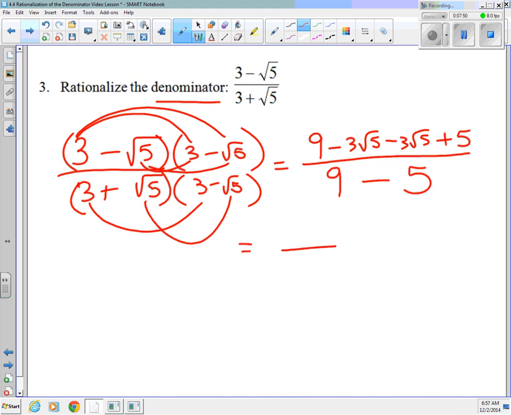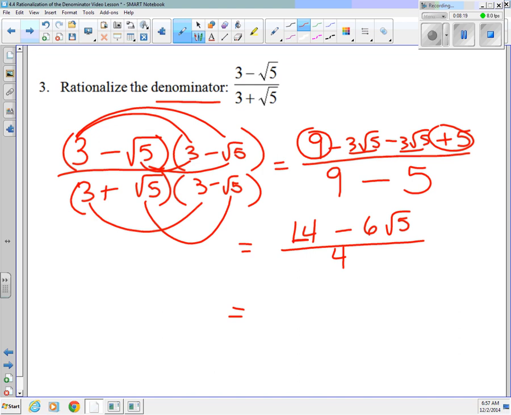Now in the numerator we get, let's see, 9 plus 5 is 14. So I get a 14 down there. And I get negative 3 radical 5 minus 3 radical 5, which is minus 6 radical 5. And 9 minus 5 is 4. And I wanted to show you this one because this one simplifies more at the end here. So a few ways you could do it. One way is to factor out on the top 14 minus 6 radical 5.